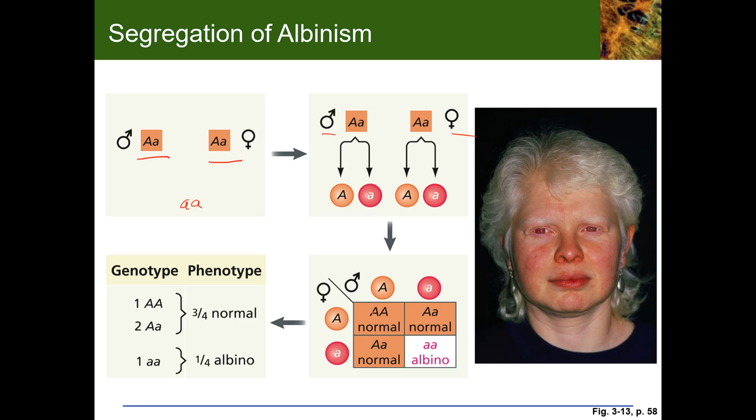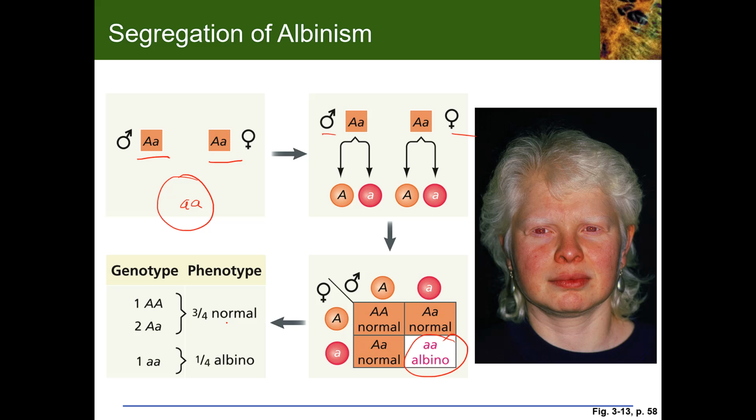But let's take a look here. Big A, little a is going to give you, again, a normal individual, but heterozygous. And then big A, little a here, you have a heterozygous normal individual. And you have little a here, and you have a homozygous individual. And we said little a is going to mean you're going to have albinism. In this case, that's the albino.